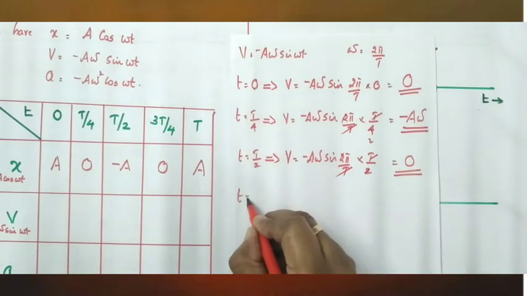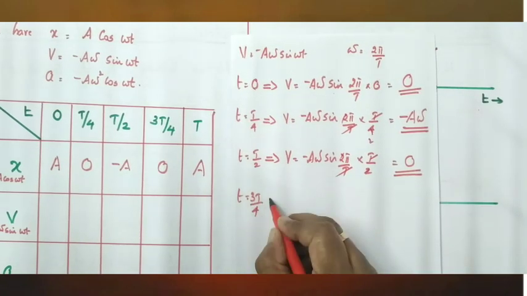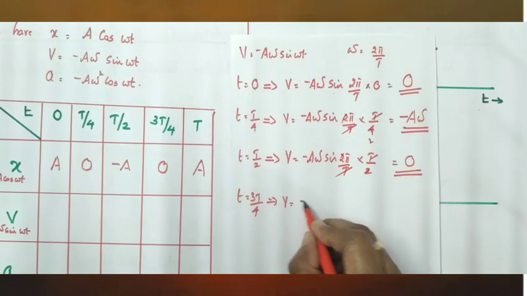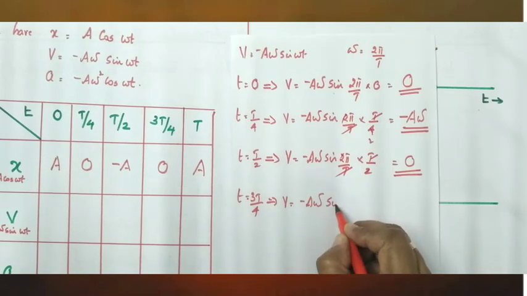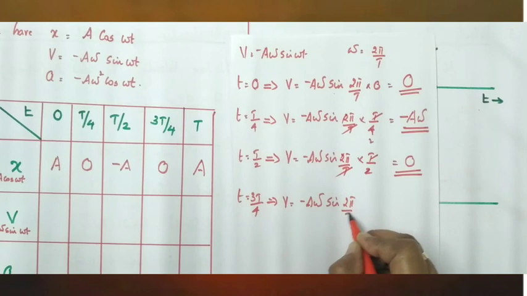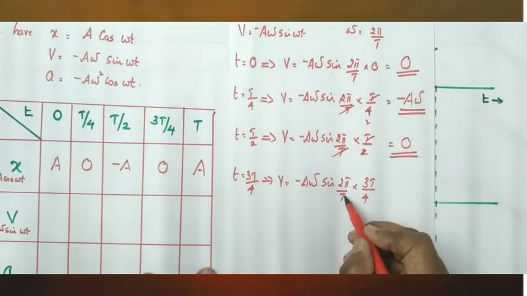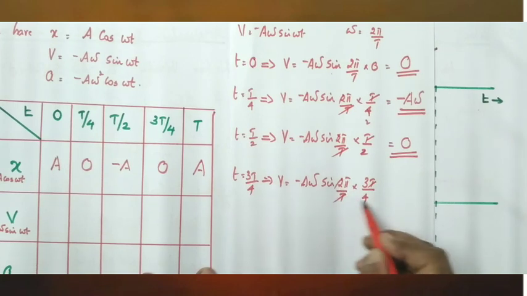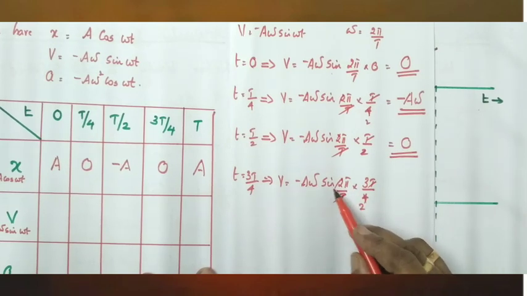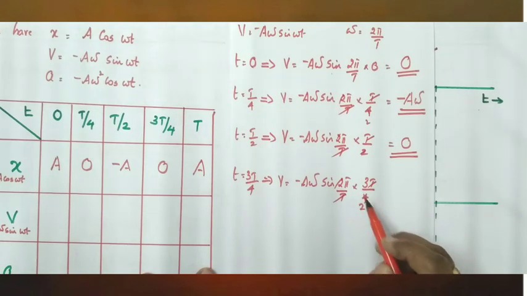When t is equal to 3T by 4, then v equal to minus a omega sin (2 pi by T into 3T divided by 4). T gets cancelled, 2 and 2 get cancelled, so the answer is minus a omega sin 3 pi by 2. Sin 270 degrees is minus 1.